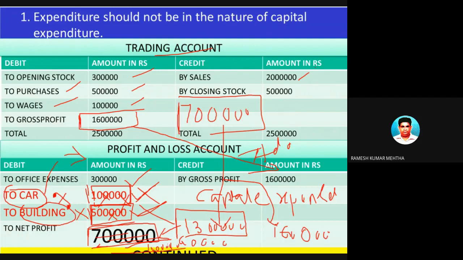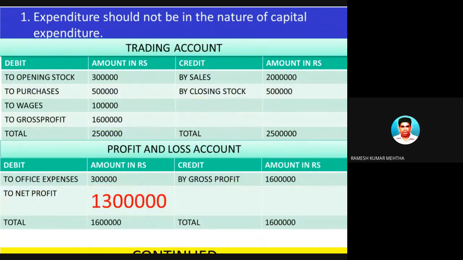If I add 1 lakh for the car and 5 lakhs for the building, this is a total of 6 lakhs. Adding this to 7 lakh rupees, my real profit will be 13 lakh rupees in place of 7 lakh rupees, because I have added back 6 lakh rupees. In the next slide, I am showing these calculations, so please pay attention.